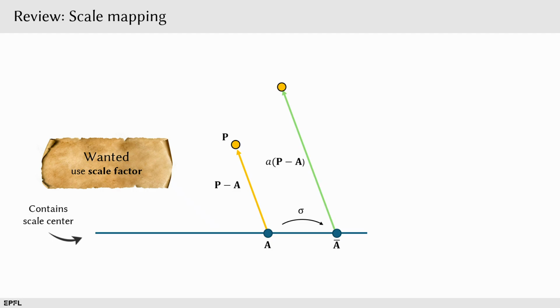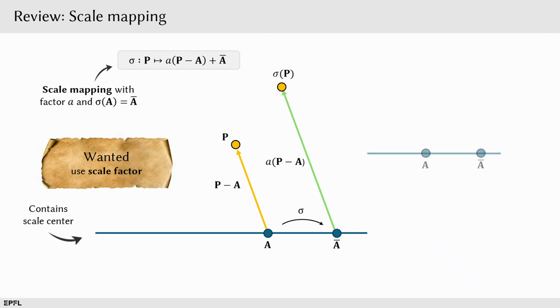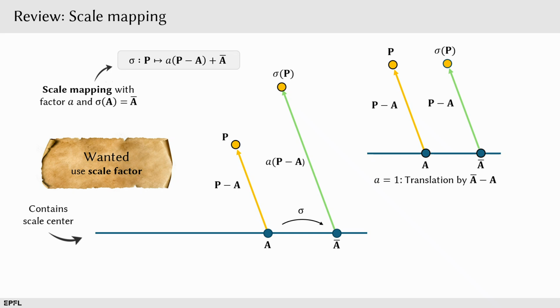We can now add this vector upon A bar, and define the resulting point as the image of P. It turns out that this corresponds to a scale mapping, and in the special case where a equals 1, this will become a translation by A bar minus A.